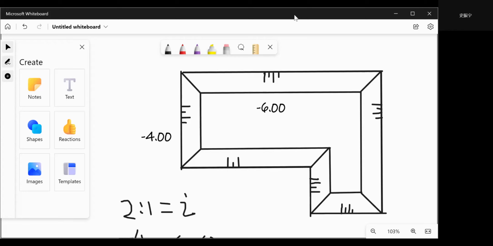This class and the next class, I will explain the engineering drawing in many different kinds of construction sites, for example, reinforced concrete, road engineering, bridge engineering, and also culvert engineering, and so on.